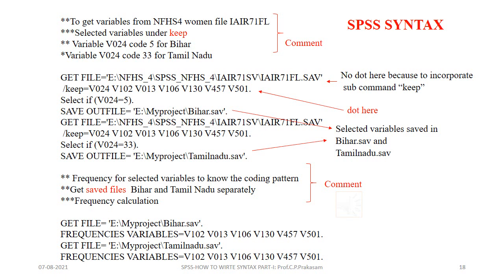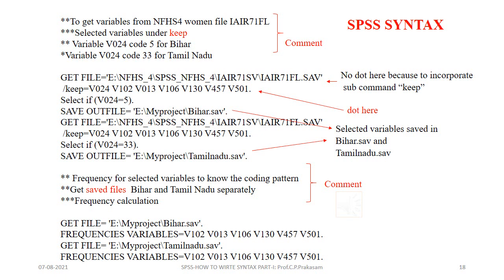Therefore, get file equals, where it is stored in the E drive, /myproject/bihar.sav. That is the most important thing. The file path is important. Then frequency variables equals V102, V103 and so on. Put a dot here. And then similarly get file, where is the file location for Tamil Nadu, and write the frequency of the variables and put a dot at the end.